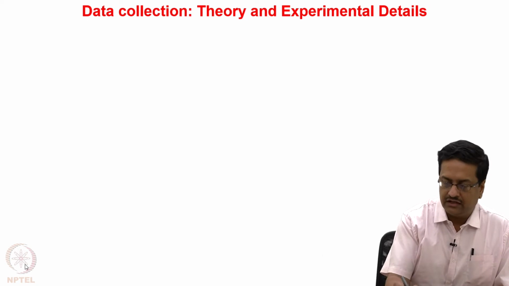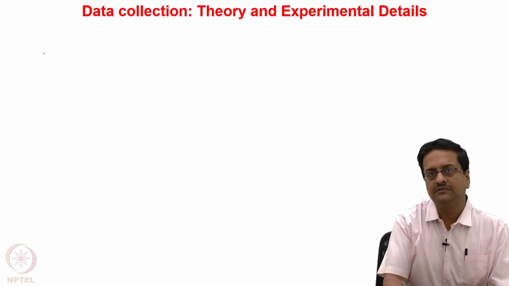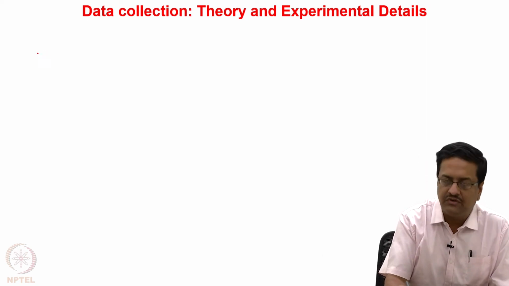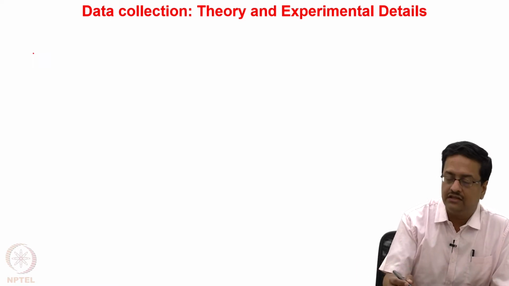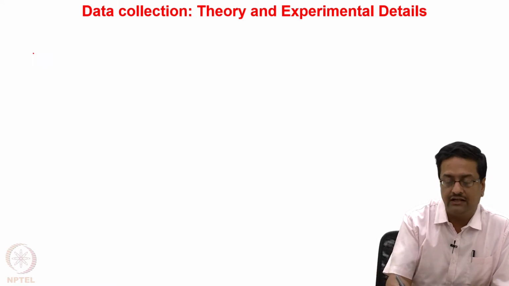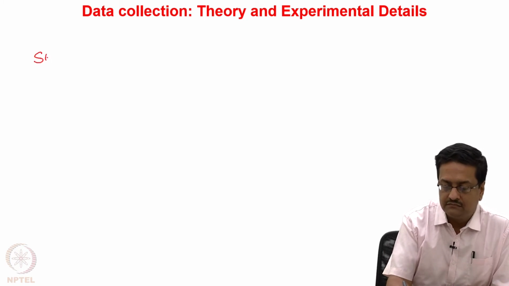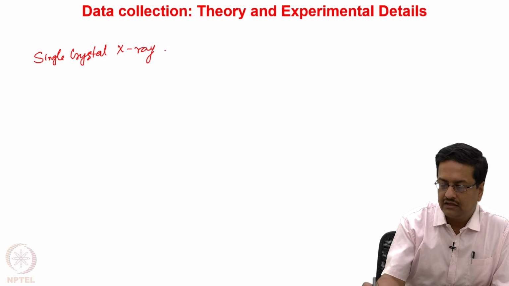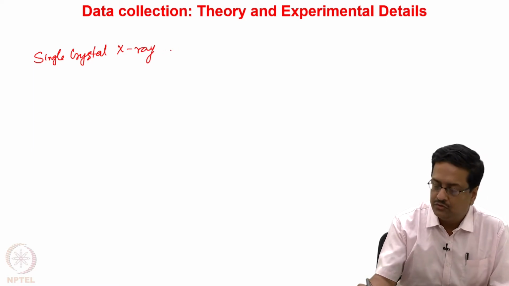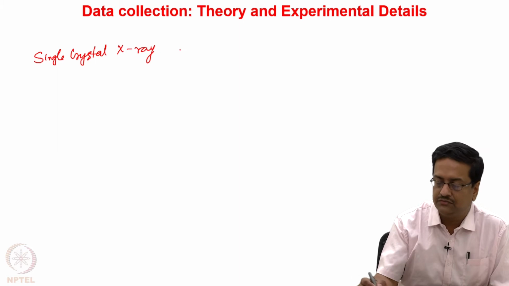These single crystal diffractometers are categorized using the number of circles about which the crystal can be rotated, or the number of circles about which the data can be collected. So, the single crystal X-ray diffractometers can be divided into 2 circle, 3 circle and 4 circle.